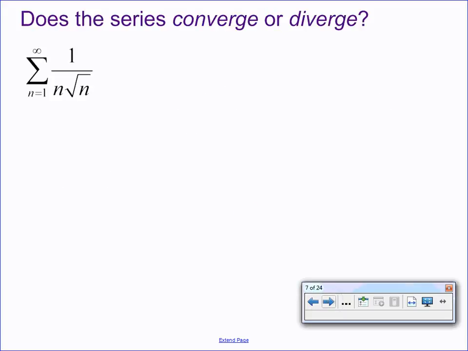Well, would that be a continuous positive decreasing function if we instead let it be a function of x, 1 over x root x? Well, yeah. What happens as x gets larger? Yeah, and we're only looking at positive inputs, and so this will always be positive. So we've got a continuous positive decreasing function.